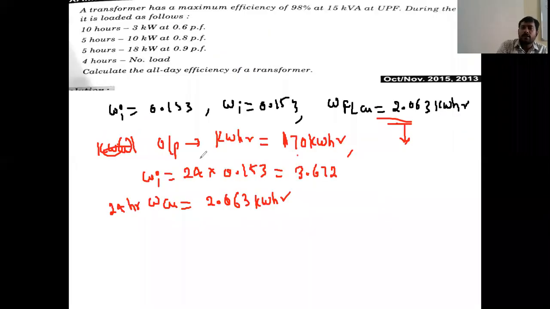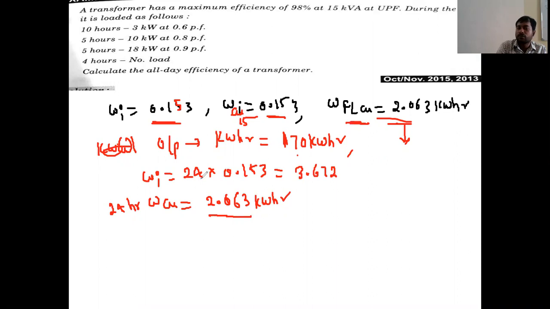So these are the values we got. The iron loss is 0.153 kilowatt, and the full load copper losses for 24 hours we got as 2.063.